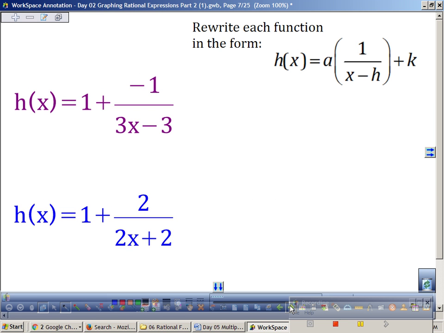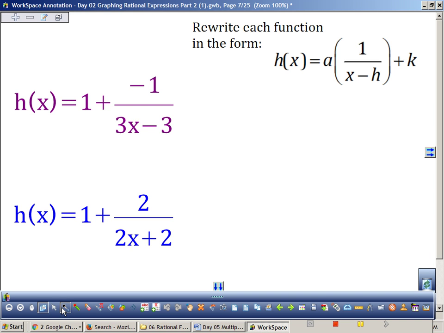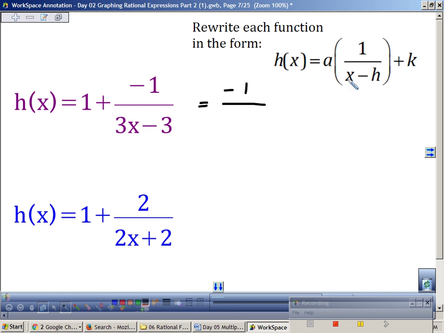Can you guys do this one for me? On your whiteboard, please? This one right here, the purple one. Please don't erase. Okay. So, first, I'm going to use the commutative property and put this -1. And at the same time, I'm going to factor out a 3. Right? Because there isn't a coefficient in front of x if I want it in this form. So I'm going to factor out a 3, and that gives me x minus 1.